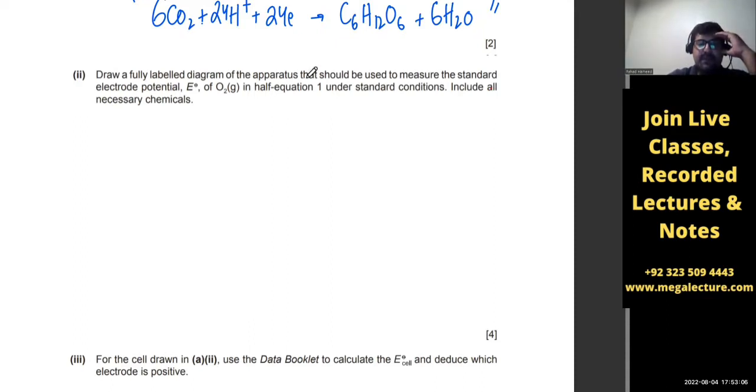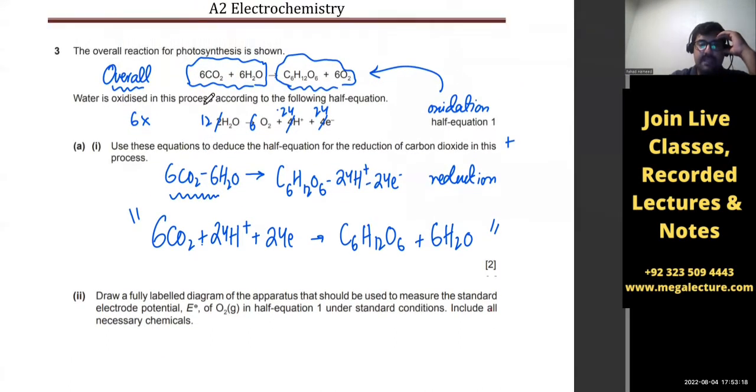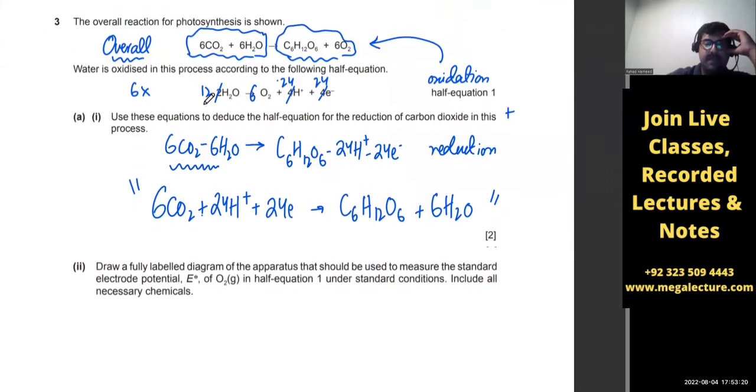Starting with the first one: draw a fully labeled diagram of the apparatus that would be used to measure the standard electrode potential of O2 in half equation 1 under standard conditions, including all necessary chemicals. And he's talking about half equation 1.